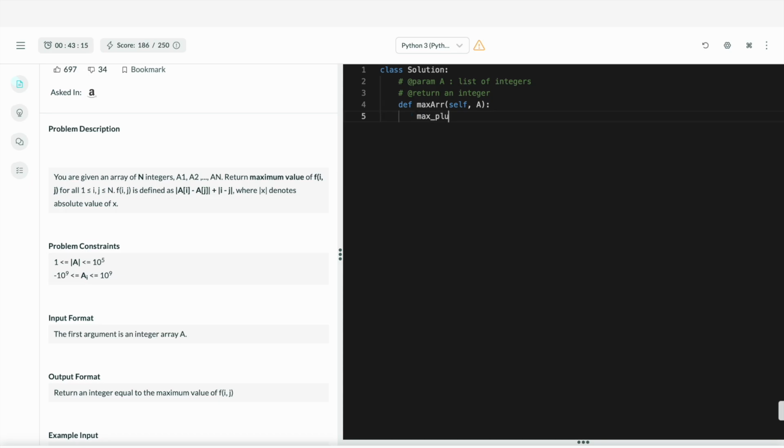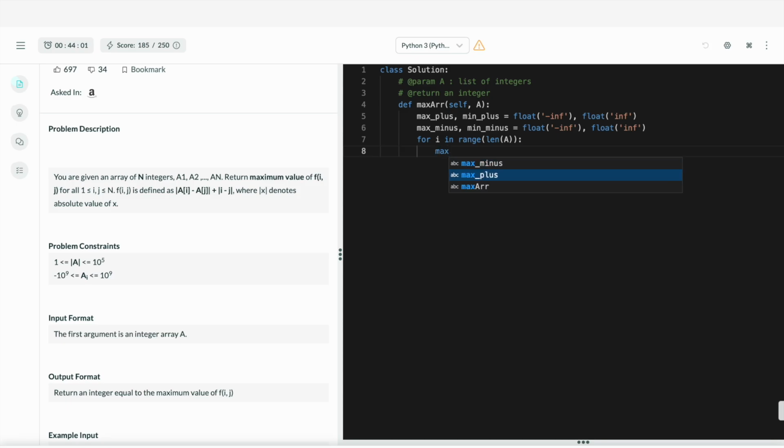So here max plus, min plus, max minus, float minus infinity and float infinity, and max minus, min minus, float minus infinity and float infinity. Now we'll loop over the array, for i in range of a.